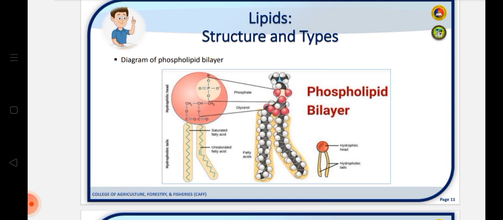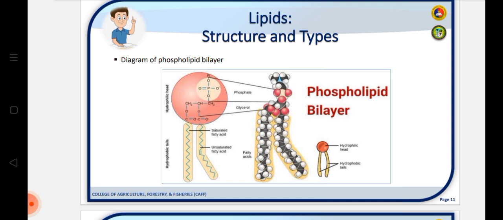Meaning to say, the hydrophilic head is water-loving, while the hydrophobic tails are water-fearing. Why are the hydrophobic tails water-fearing? Because they are only made of fatty acids and therefore they repel water and prefer to interact with other lipids.